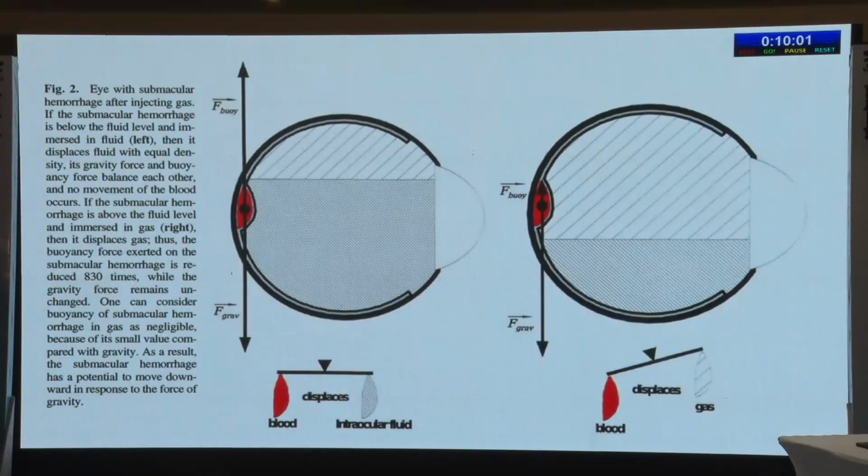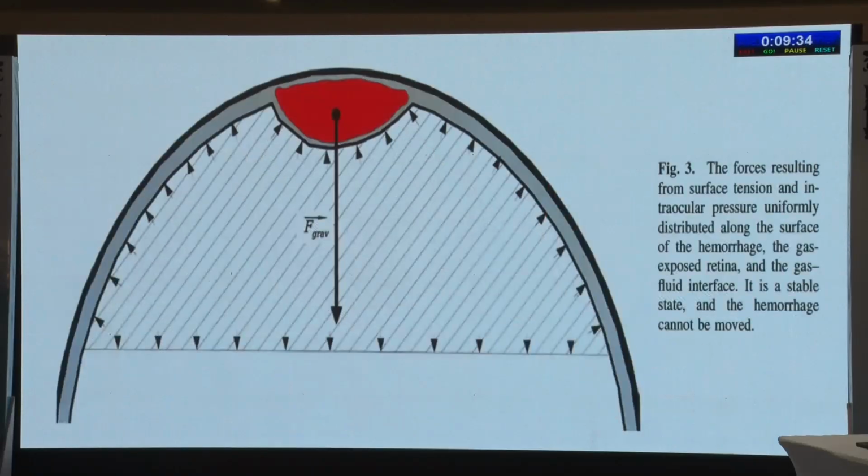So to make sure that the buoyancy is lesser than the gravity, the type of substance that gets displaced by the volume of the submacular bleed should be lighter. And there is where the role of pneumatic displacement comes, wherein you replace the fluid interface with the gas interface, and as a result the buoyant force reduces and the gravitational force overpowers and the blood settles down.